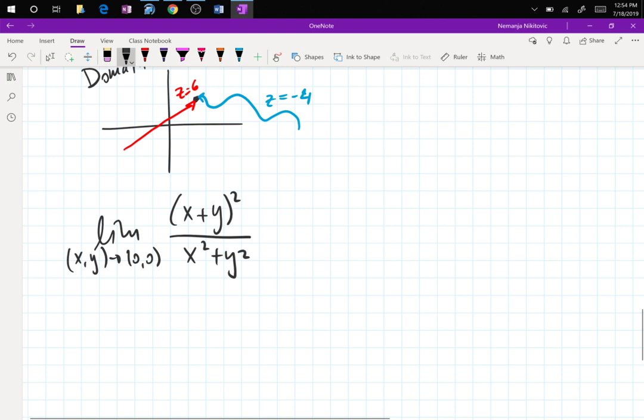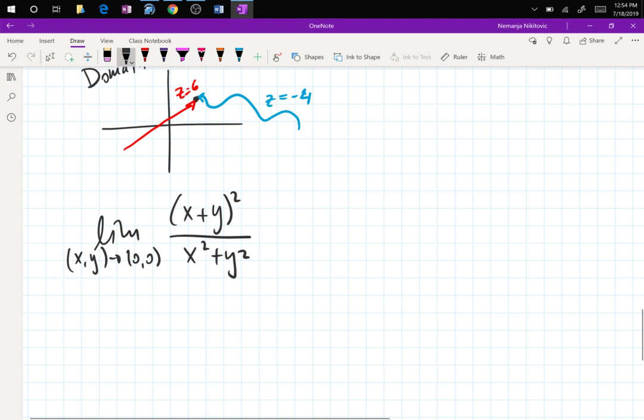You can't cancel anything here. If you square the top, you're going to get x squared plus 2xy plus y squared. There is a middle term, right, for the square of a binomial. So you can't cancel.